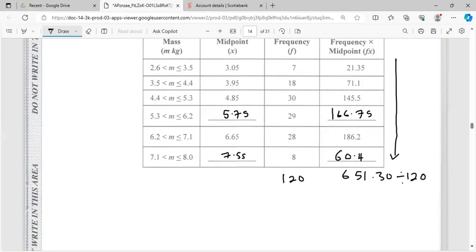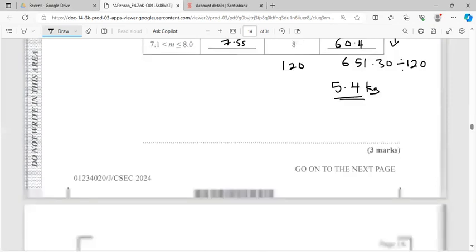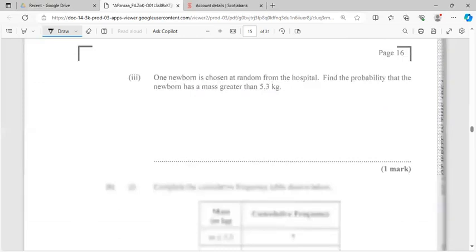So now the calculator gives us 651.30 divided by 120, 5.4. So the estimated mean would be 5.4, and the unit is kilograms, so that would be our answer. Easy marks, guys. So that would work 3 marks, all of that.